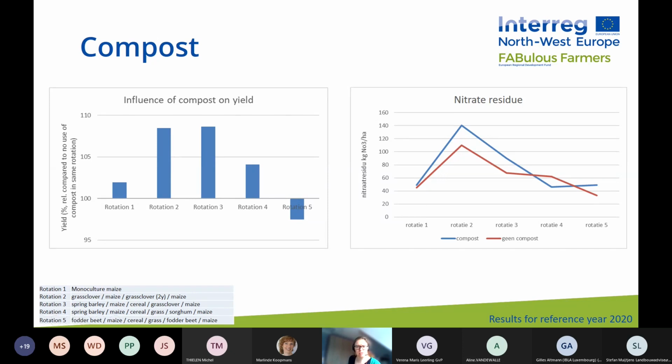So for all the rotations except for rotation 5, we saw in 2020 a higher yield in the plots with the use of compost.